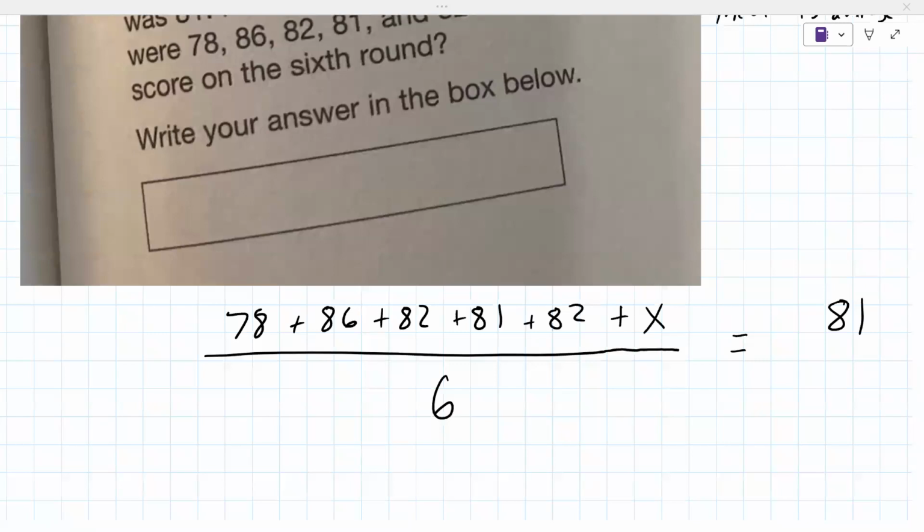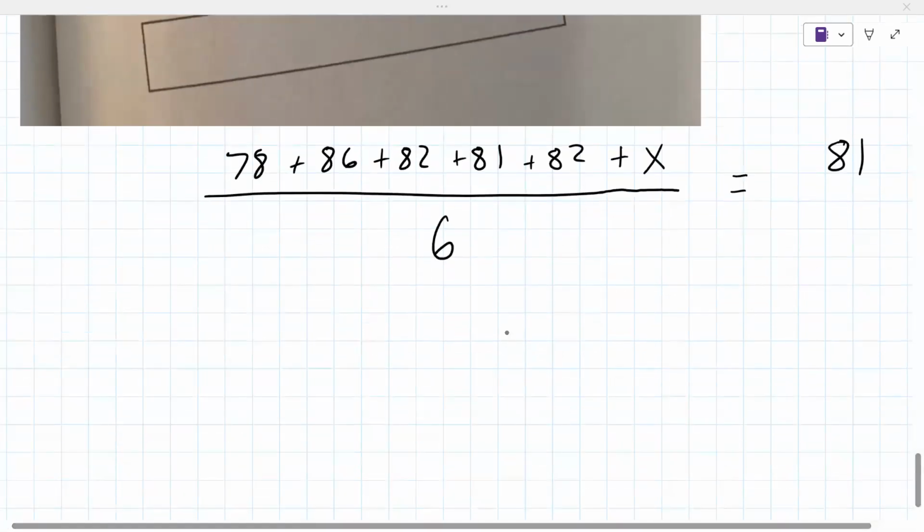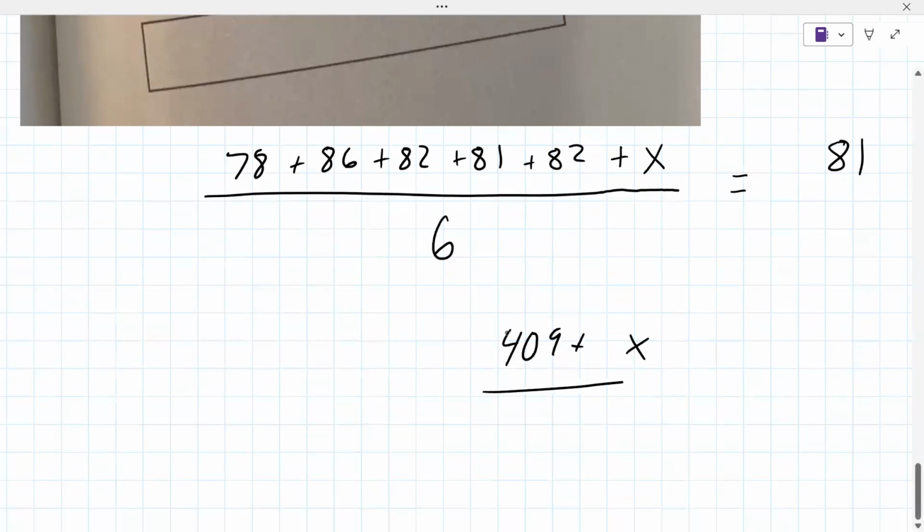So 409. Correct. All right, so 409 plus the unknown score divided by 6 equals 81.